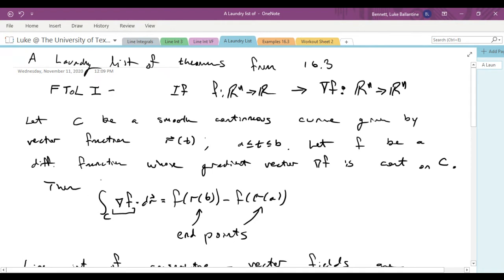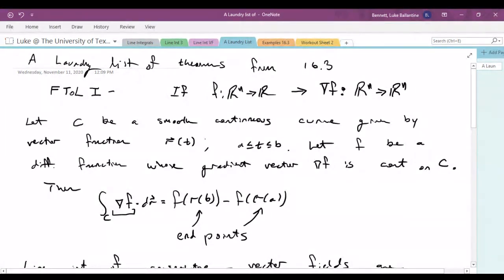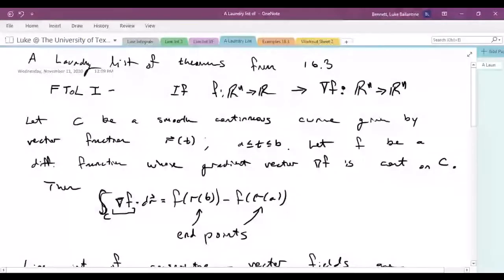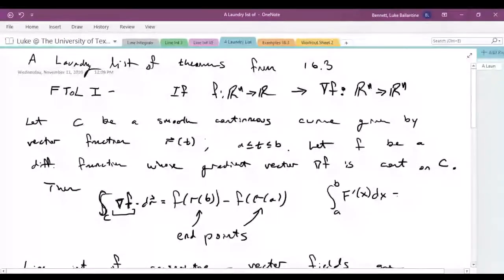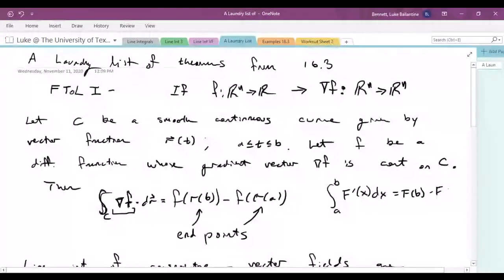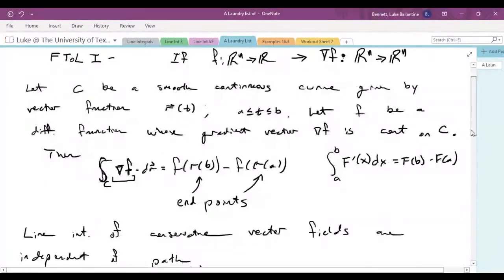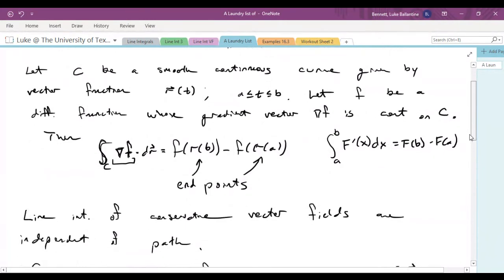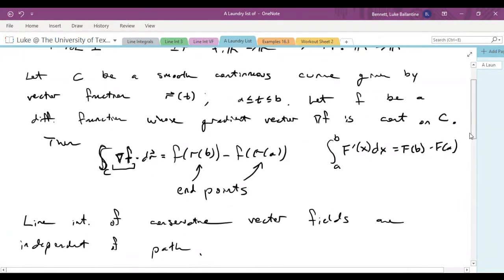Look at it like this. This is the integral of a derivative. The integral of a derivative is just the function that you're differentiating. You look at it from the scope of single variable calculus, integral from a to b of f prime of x dx is f of b minus f of a. It's the same thing. Line integrals of conservative vector fields are independent of path.